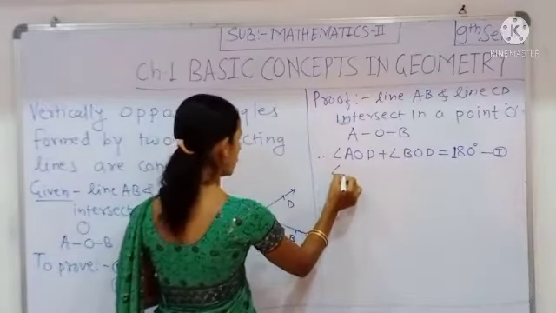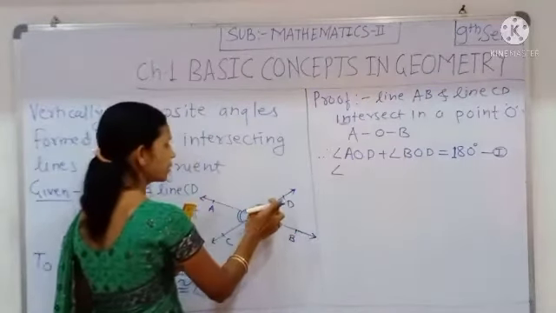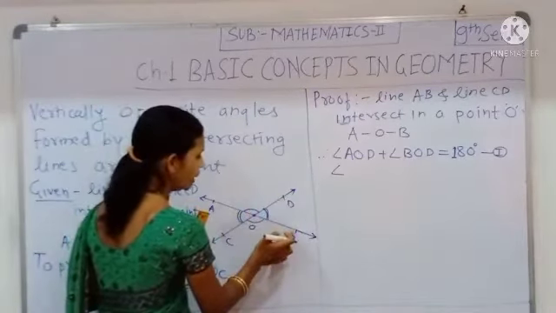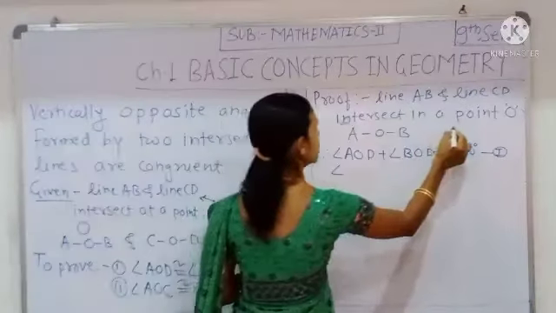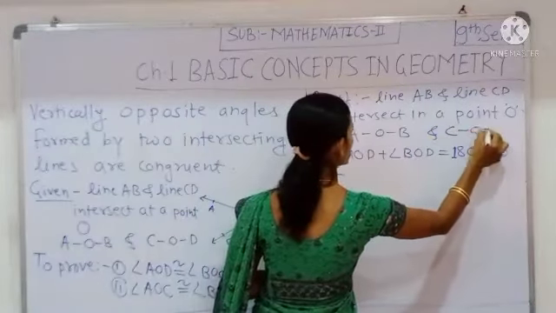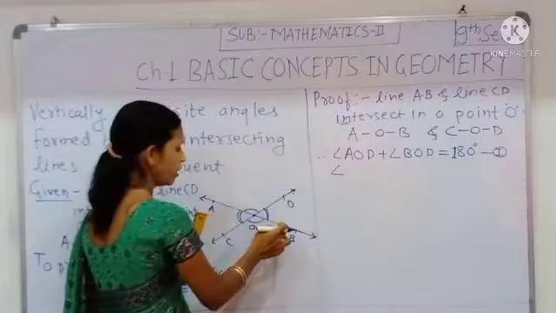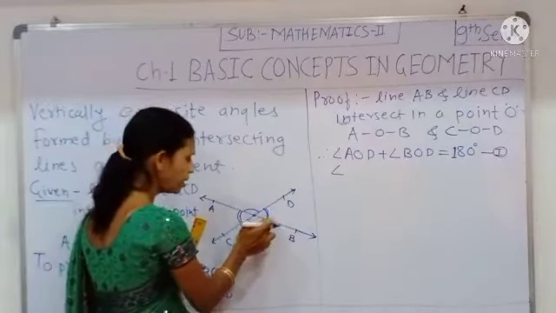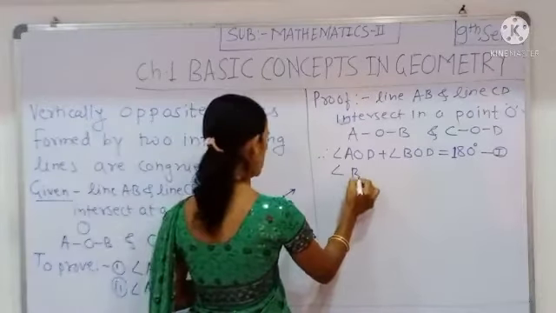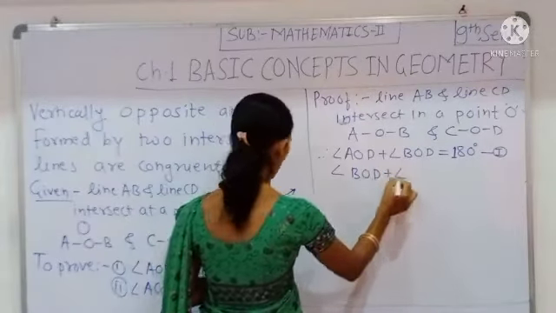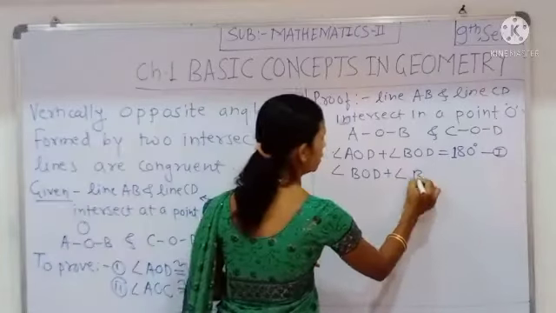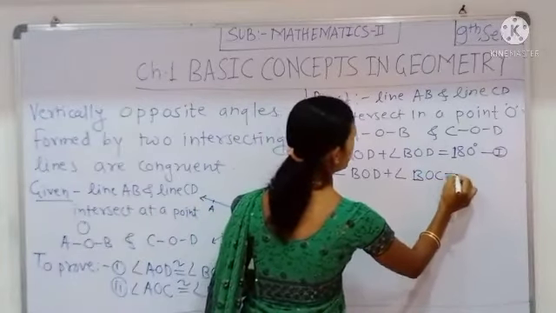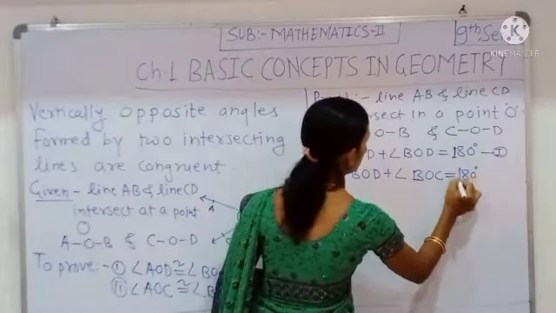Similarly, because here C-O-D also, angle BOD and angle BOC are linear pair angles. Therefore angle BOD plus angle BOC is equal to 180 degrees.